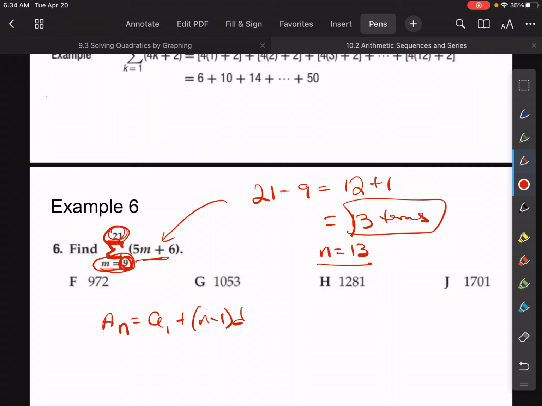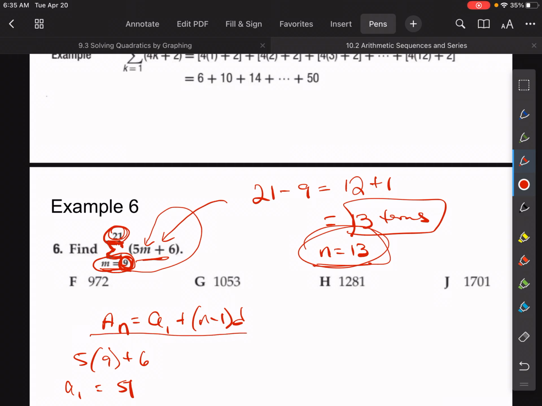If I plug in this 9 to my equation, notice what happens. 5 times 9 plus 6 is equal to 51. That's the first term in my 13 that I'm doing. I don't actually have to go back to the other formula yet, so you can forget I even said that, because they gave you the explicit equation here. The first term is that when we plug that 9 in.